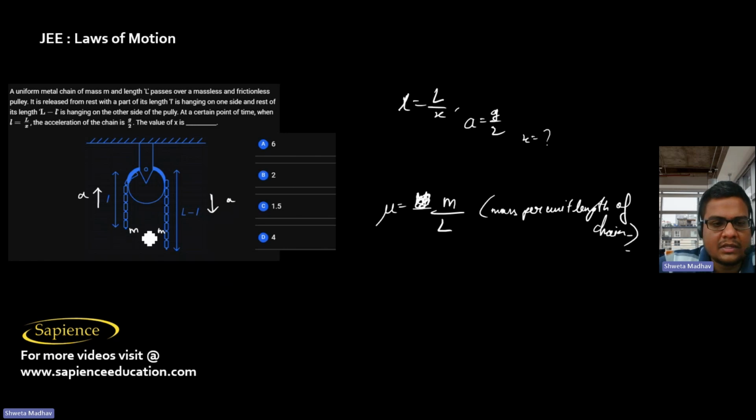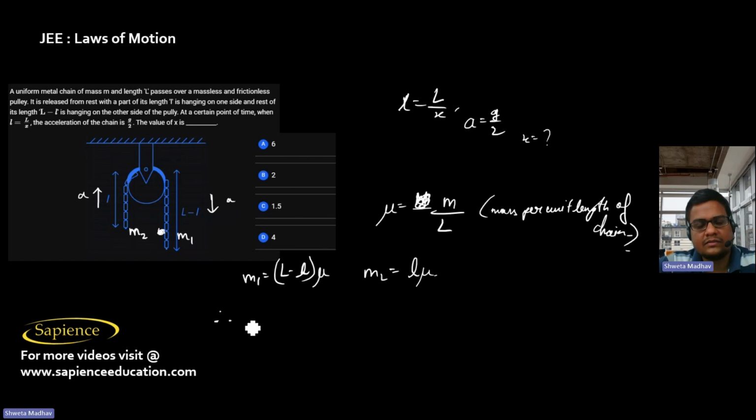So therefore mass of the part on the right, let's say m1, and mass of the part on the left, m2. So m1 will be equal to (L minus l) into mu, and m2 will be l into mu. Now we can say the weight is acting downwards, m1g, and here also the weight is acting downwards, m2g.